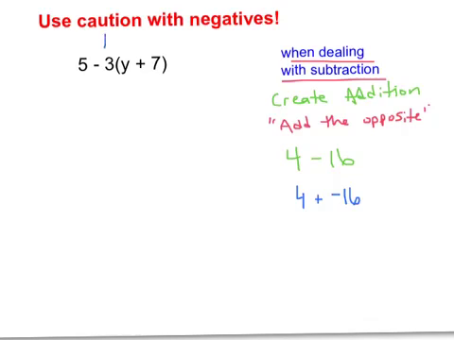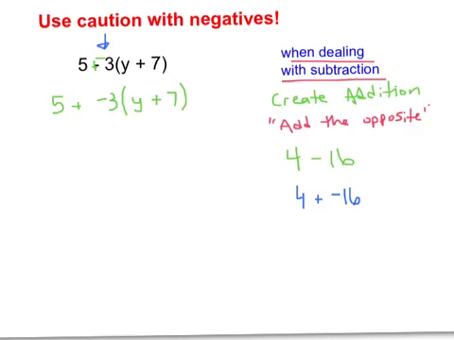Even though some of you are looking at this and saying, okay, I'm distributing 3, watch what happens when I change my subtraction into addition by adding the opposite. So I'm going to come up with 5, and add the opposite here, plus negative 3 times y plus 7. So now you see I'm not actually distributing a 3, but I'm distributing a negative 3.